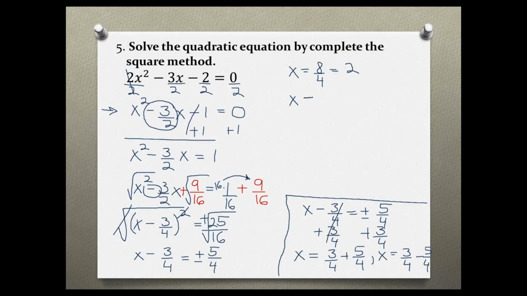And then my second answer, I have 3 over 4 minus 5 over 4, which gives me negative 2 over 4. Reducing that to simplest terms, I get negative 1/2. So the two solutions for this problem are 2 and negative 1/2.